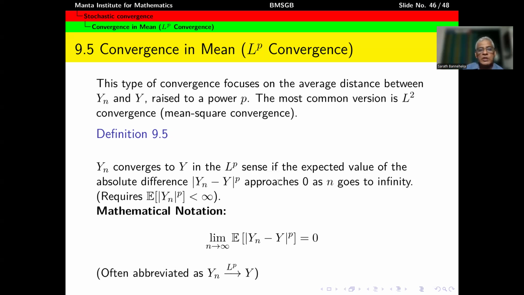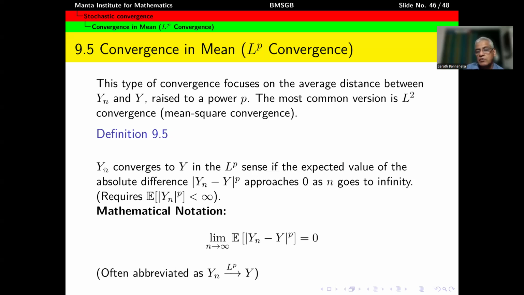Of course, for this to be considered, expected value of Yn to the power p, and thereby expected value of this quantity, has to exist. So mathematically, we write it down like this.